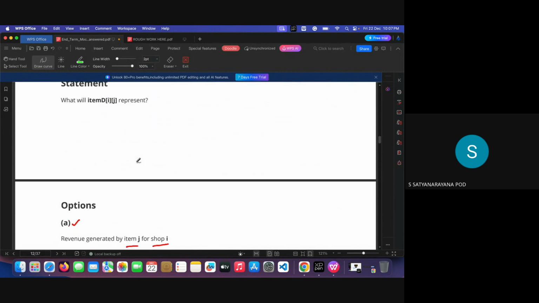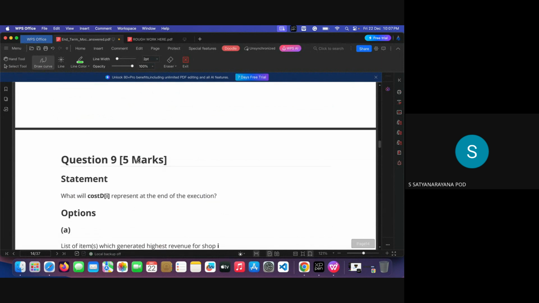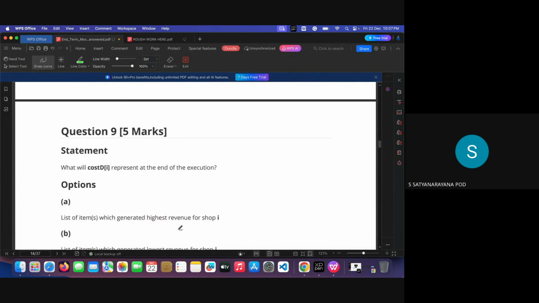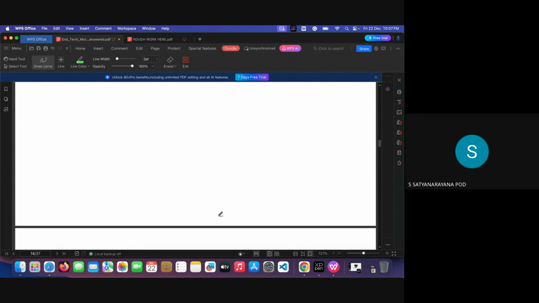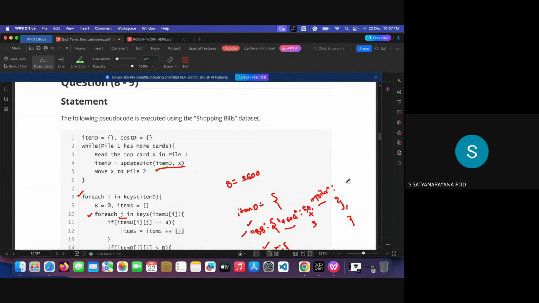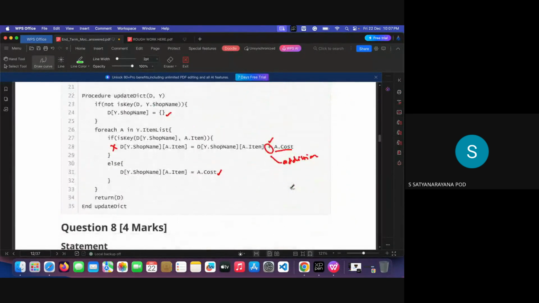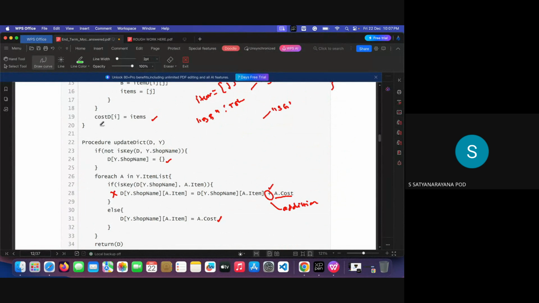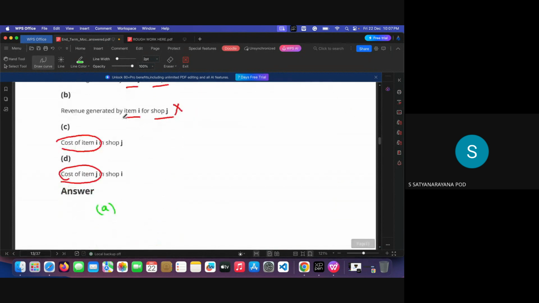So, the highest revenue from the shop I. In the shop-wise, maybe you have food, toiletries, households, all these. Out of all the items, whichever has the highest cost is maintained by this particular dictionary, cost of D of the particular shop. In that, each item's revenue, whichever is highest, that item is maintained. So that is what it is.